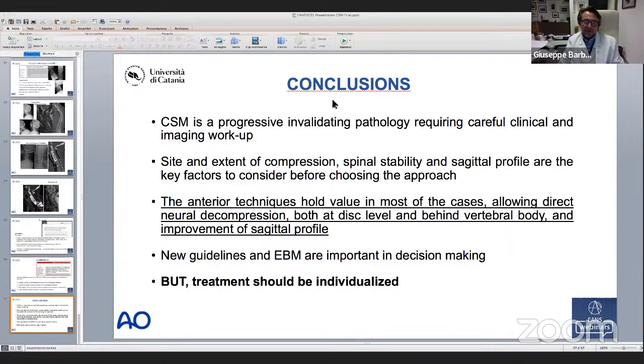Regarding the question of a keyhole decompression, when I present about C1-C2 techniques, I have one slide where I show one of those cases where I did this, but I think there is a role for these keyhole decompressions only in those patients who already have a natural fusion of the vertebral bodies. So we do not need to perform other fusions. Nature has already provided fusion, and we only need to decompress the spinal cord focally in a specific area.